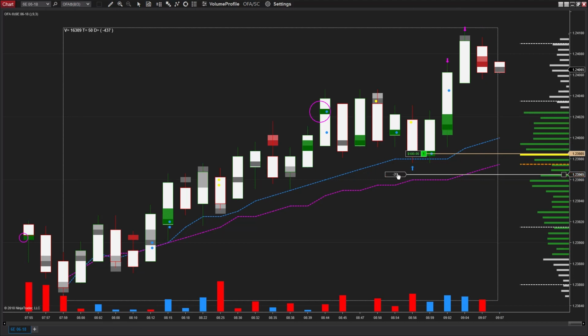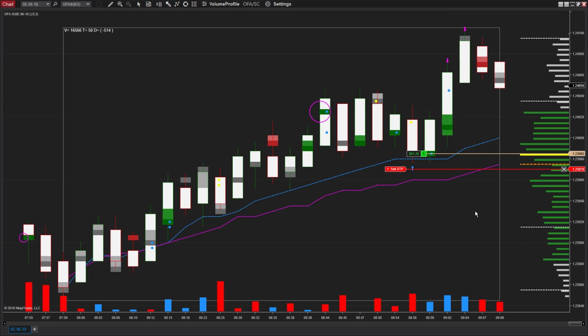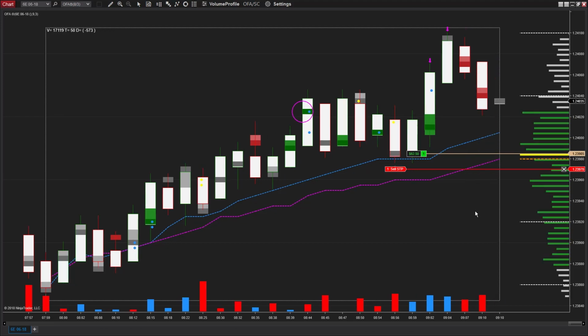VWAP moving up again, will come in another tick. So now we have a 3-tick trailing stop from our initial entry. VWAP's moved up again, we're going to uptick again, and now just 2 ticks from our initial entry on the risk.